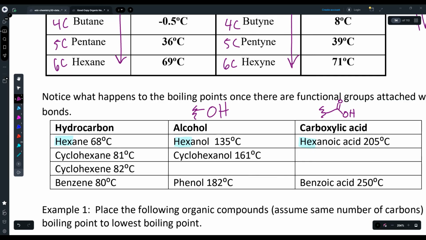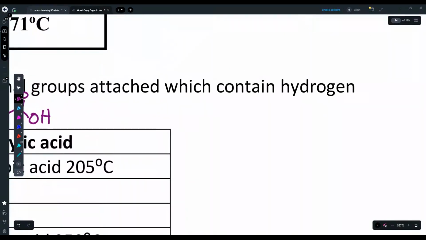As we go from hydrocarbon to alcohol to carboxylic acid, notice how the boiling point increases. Essentially, hydrocarbons such as alkanes have a trend of having a lower boiling point compared to alcohols and carboxylic acids. So let's write that over here.